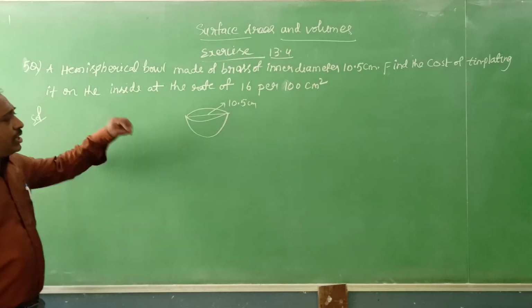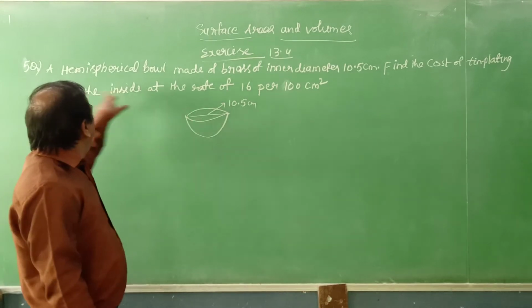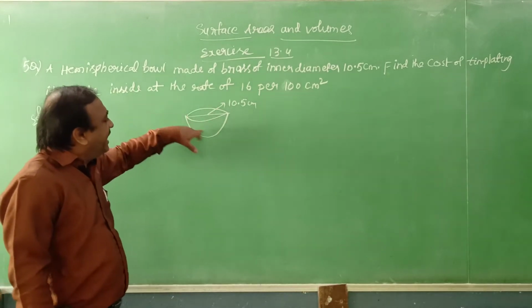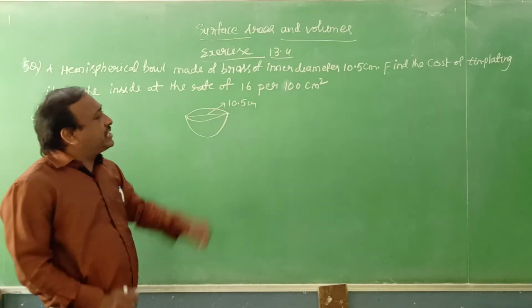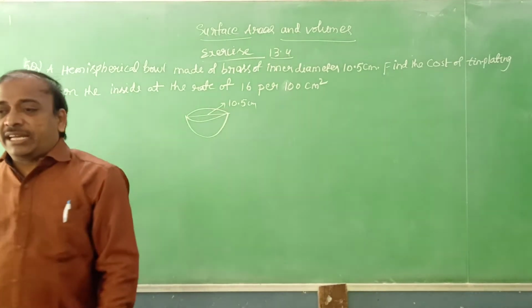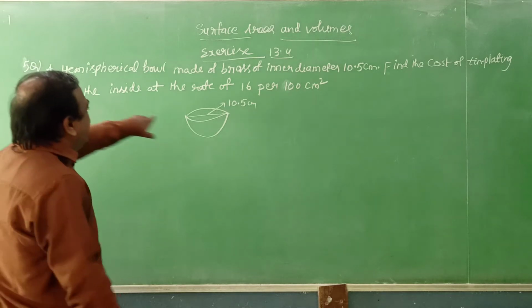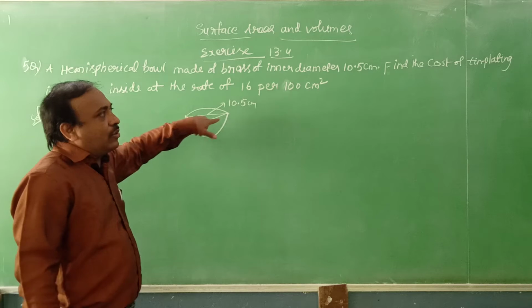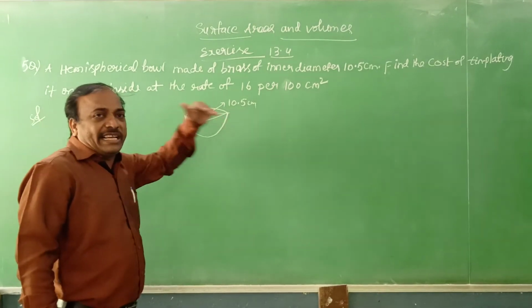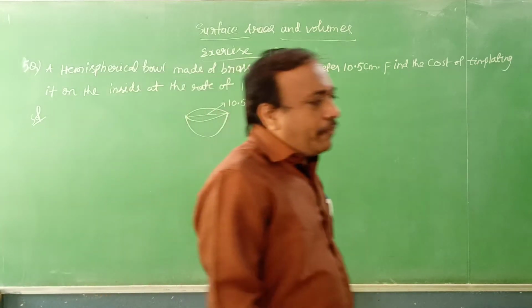They wanted to cover with a tin plating on the inside of this hemispherical shape, at the rate of 16 per 100 centimeter square. So when they are coating it inside, observe it, what do we have to find out?